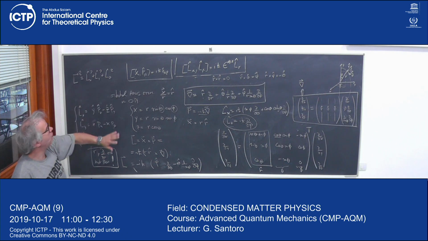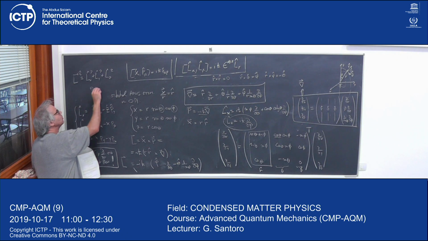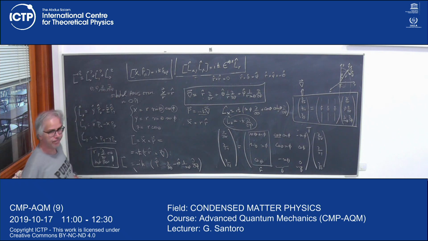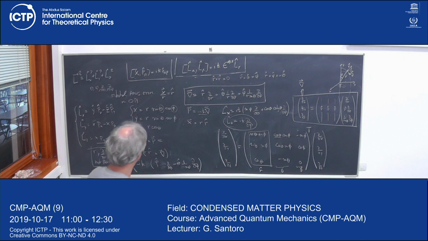Being the square of objects that depend on theta and phi, this also depends only on theta and phi, derivative with respect to theta and derivative with respect to phi. Okay? You could write it, it's written in the notes, but it's not particularly enlightening.